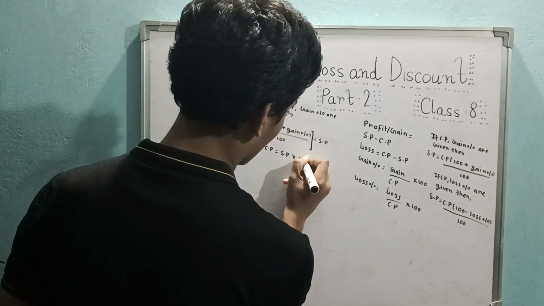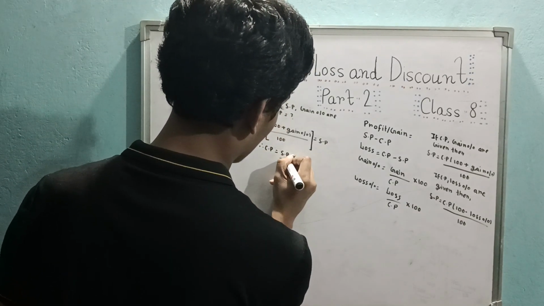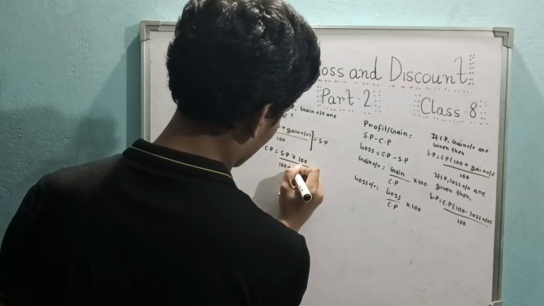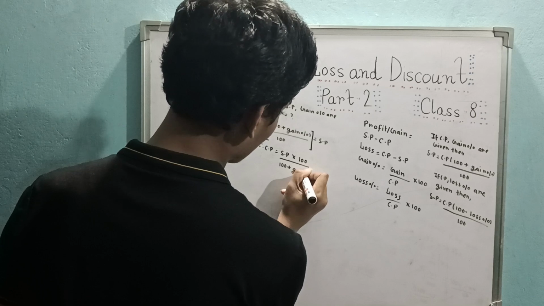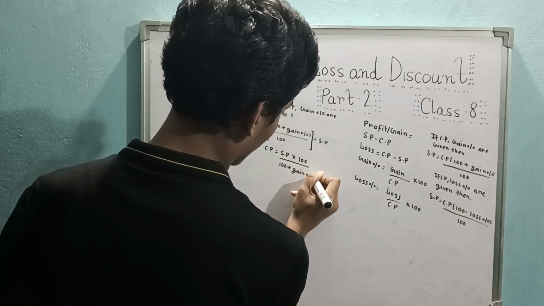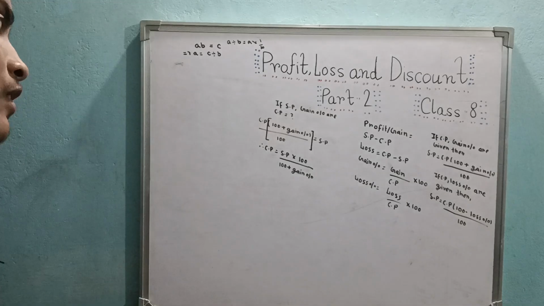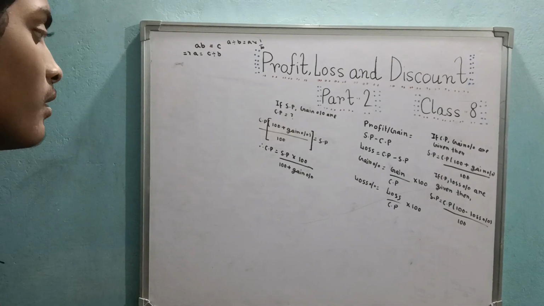Absolutely right, and that's the formula. This is another formula that you can see on your screen. How can we frame it? When you are given the SP and gain percent, you have to find the CP. Suppose this is the case.